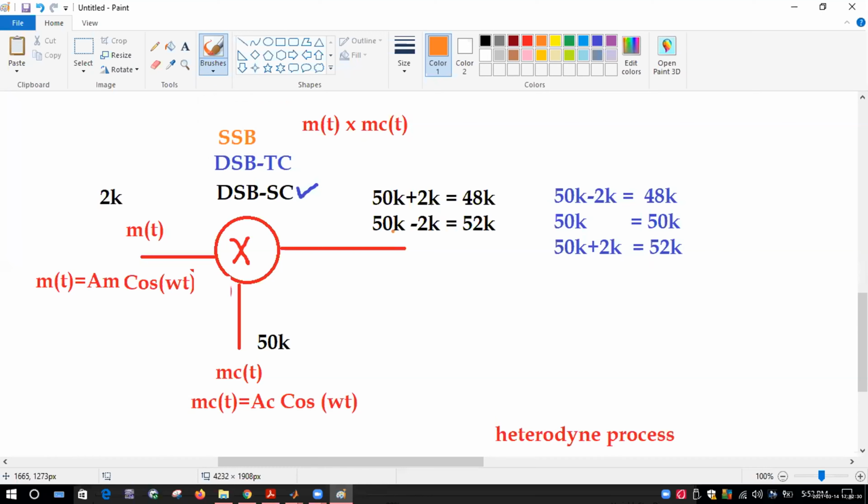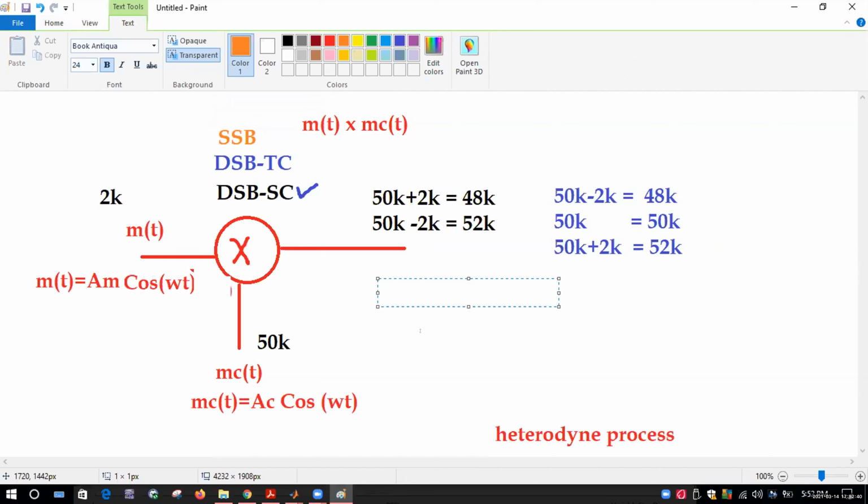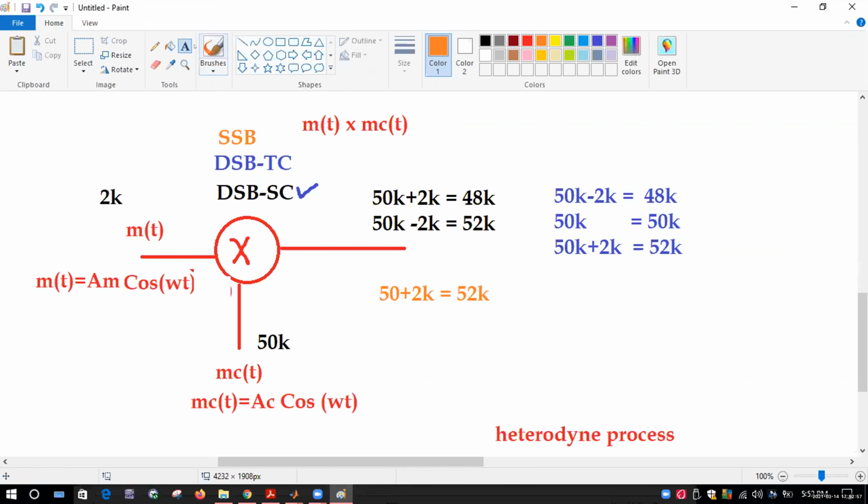We take only one sideband and transmit. We skip the other one. Let's say this is your single sideband. We will either transmit 48K or 52K. If we are transmitting only one sideband, then it's called single sideband transmission.